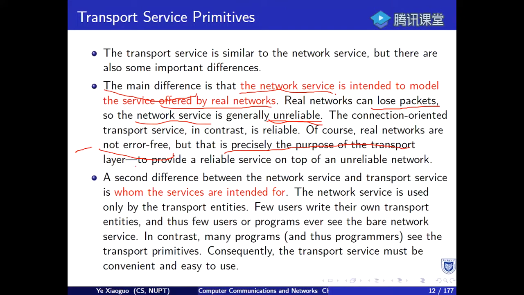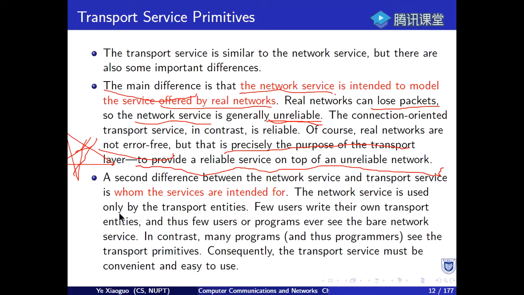The transport layer is used to provide a reliable service on top of an unreliable network. That is the point of the transport layer, and this is the point we should understand very well.